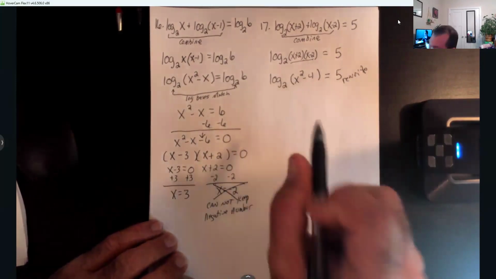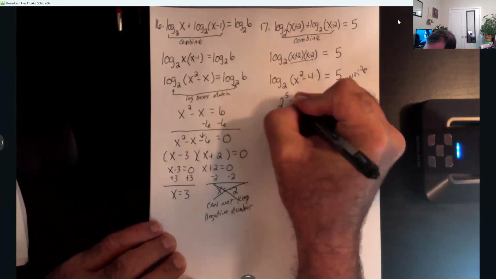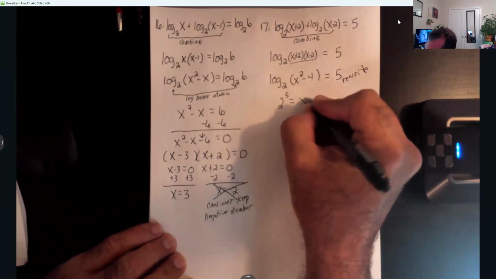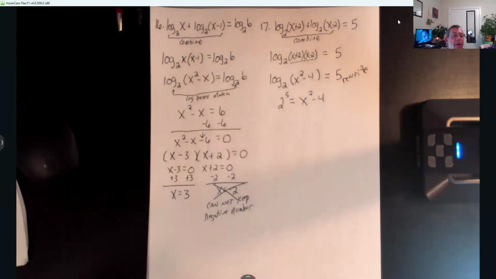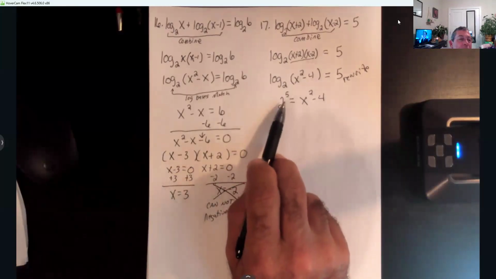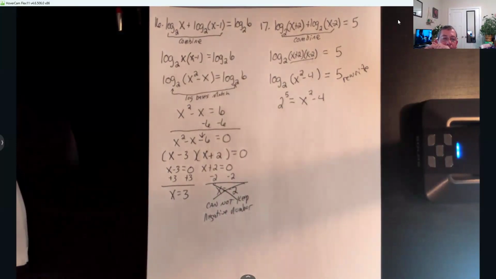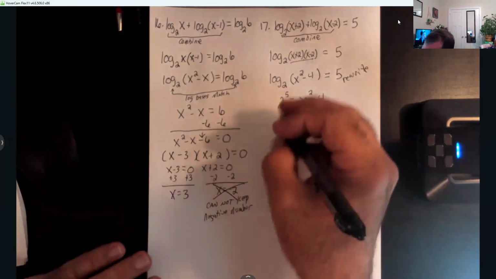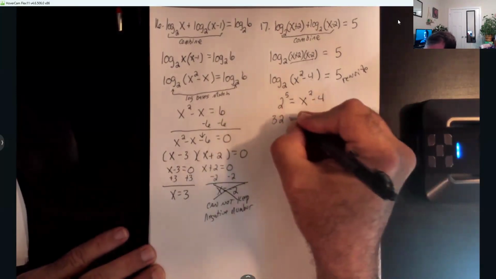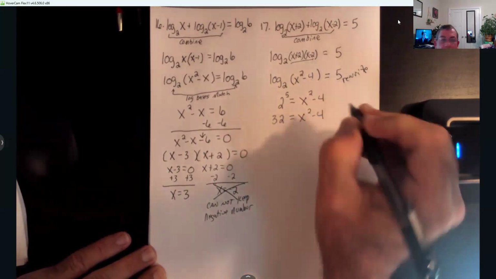So we got 2 to the 5th, that's going to equal x squared minus 4. All right, so what is 2 to the 5th equal? So 2 to the 5th was 32. That equaled x squared minus 4.